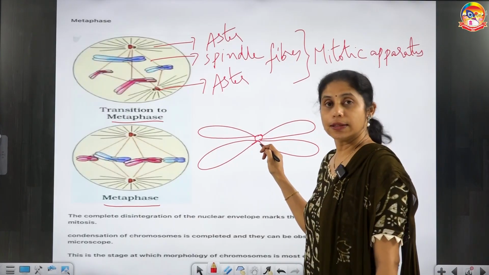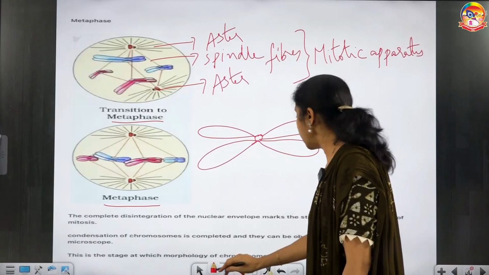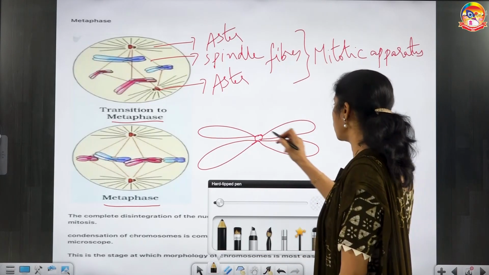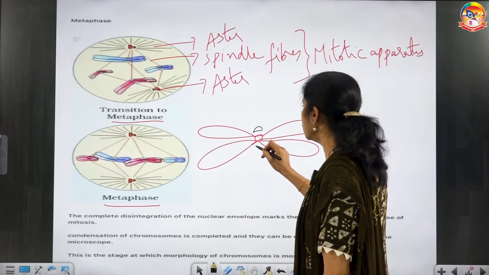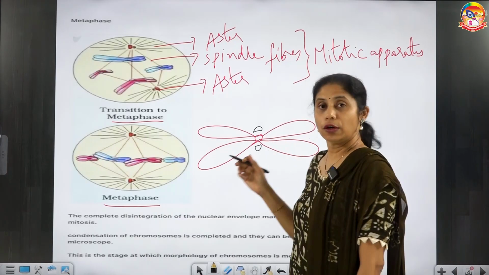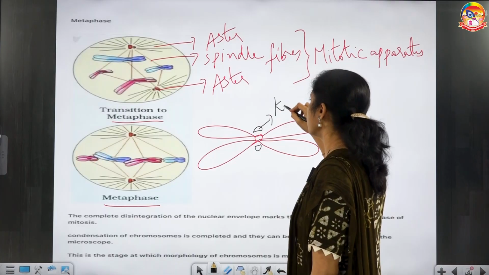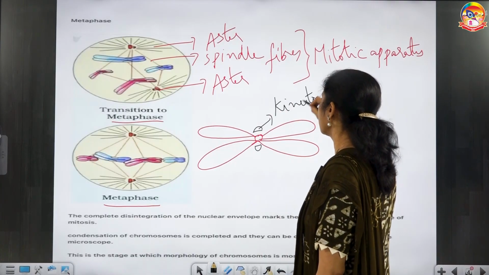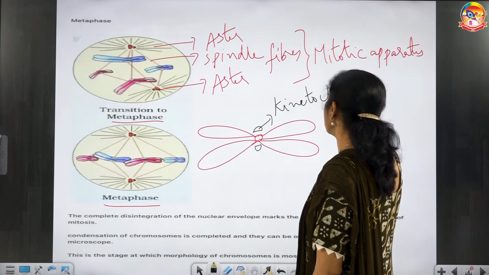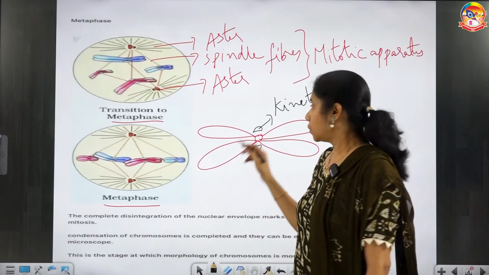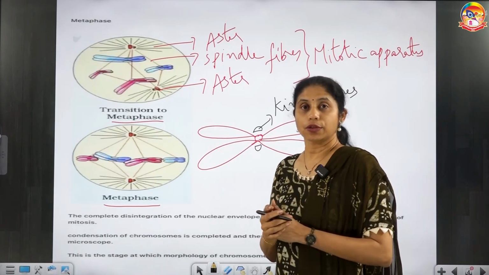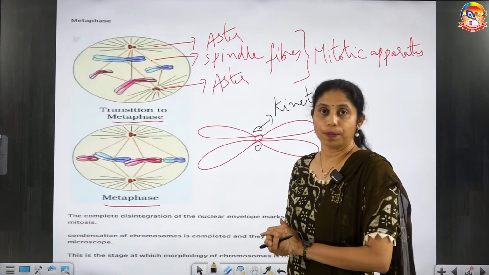They are connected in the center by the centromere. But on both the sides of the centromere, we have two disc-shaped structures present on the surface of the centromere. These are called kinetochores. So, two will be there, disc-shaped structures on the surface of the centromere.